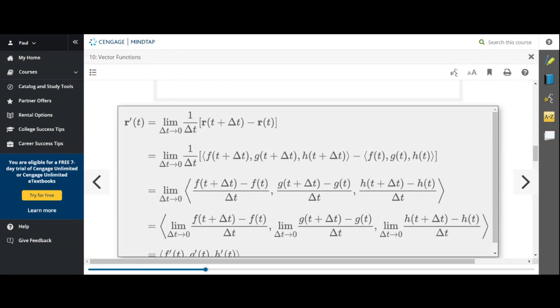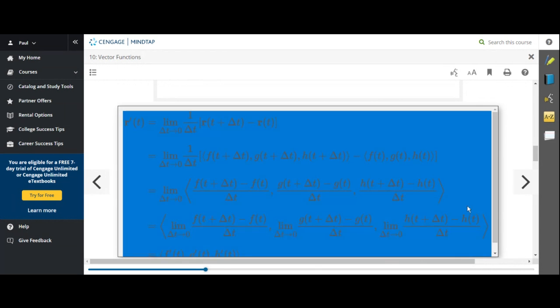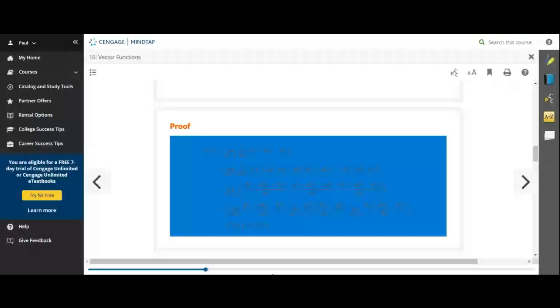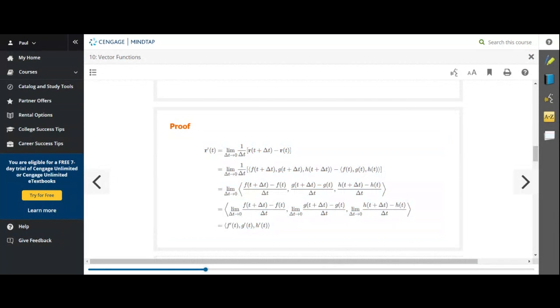That's what they're doing in this proof. Are there any questions regarding that proof? Sometimes it's best just to look at the proof. Are there any questions on that? Deodath, you don't like the proof?